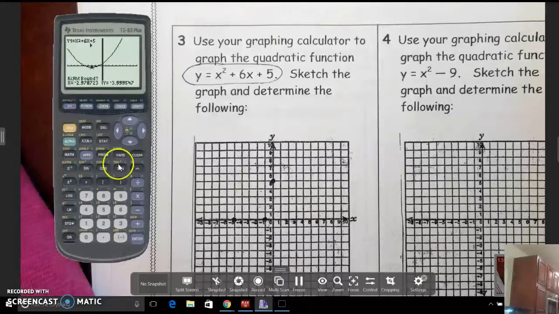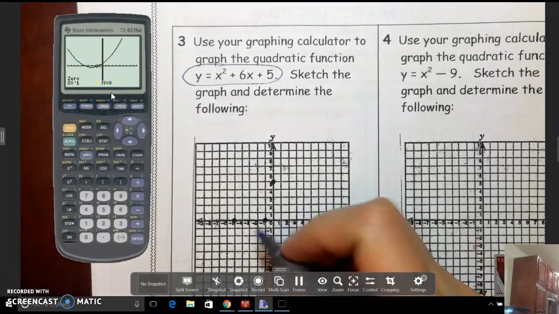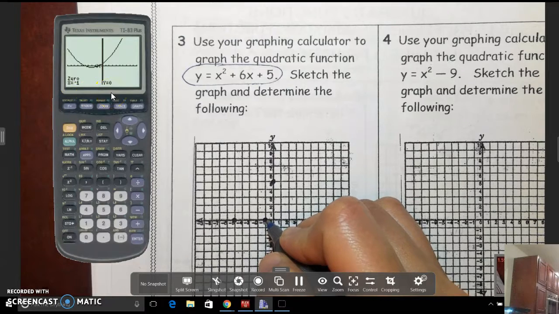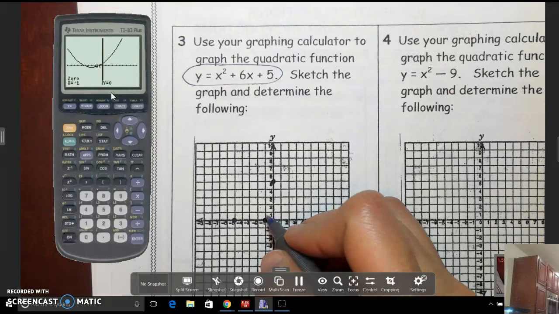So I'm going to hit enter. Then it says right bound, so I'm going to move to the right of the point that I want, which is over here somewhere. I'll hit enter again, and then move it onto the line a little bit. Then I hit enter again. Okay, so my other 0 is -1, 0. So that would be right here. So I already had that done, but this would be right here, -1, 0.